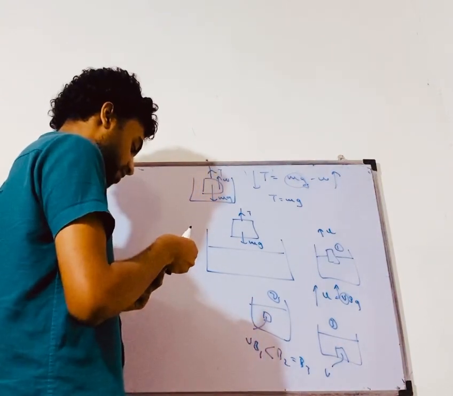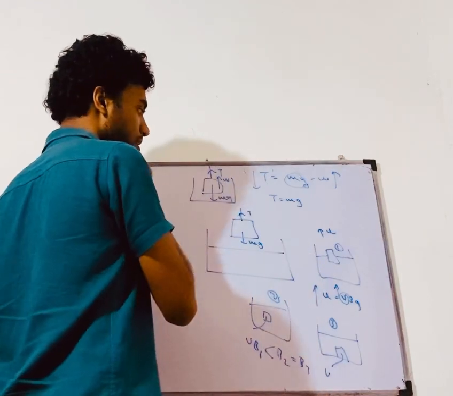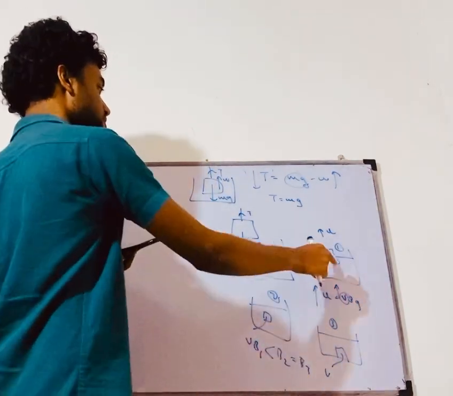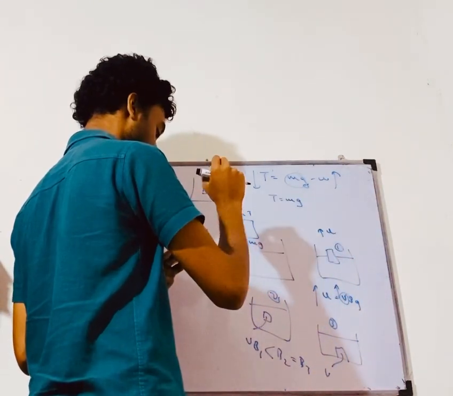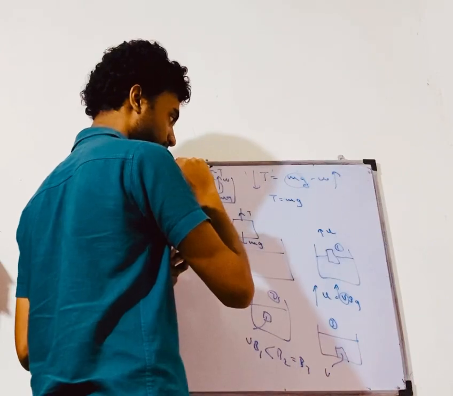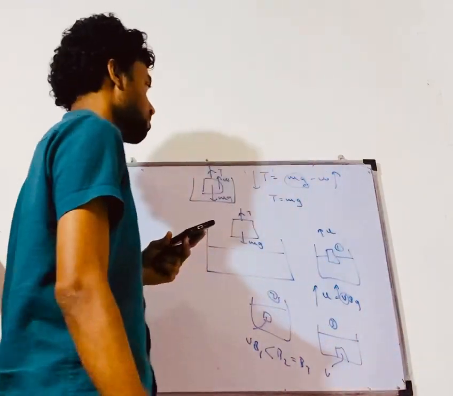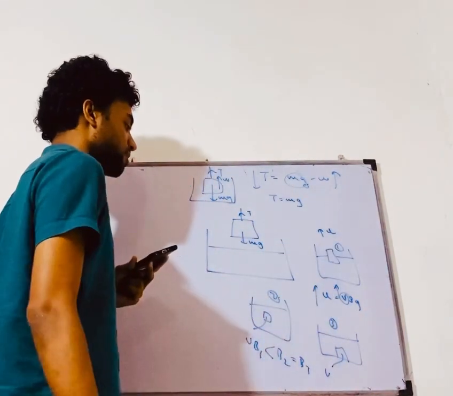Observe carefully again, but there's one factor to consider here. The highest weight is in position 1, because the upthrust is going to be the lowest.